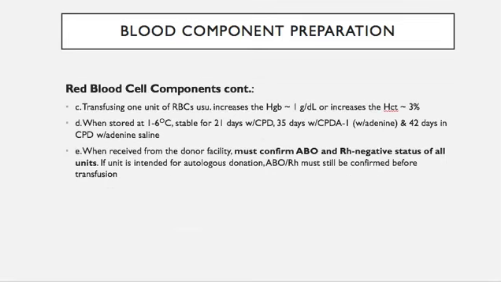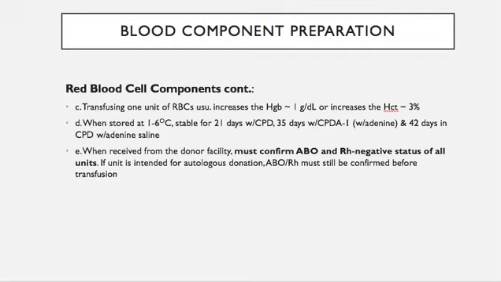When stored at 1 to 6 degrees Celsius, packed red cells are stable at 21 days with CPD, 35 days with CPDA, 42 with CPDAS. And when those units are received in your lab from the donor facility, we have to confirm ABO and Rh negative status for all units.